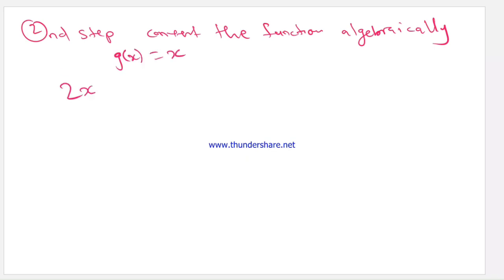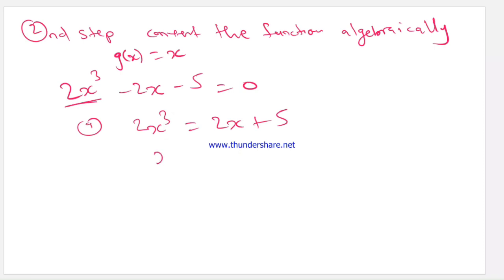So look at the function 2x cubed minus 2x minus 5 equals 0. We can calculate from here. Let's do the first option. Let's start from here. 2x cubed is equal to 2x plus 5, and our x is equal to (2x plus 5 divided by 2), everything raised to power 1/3.